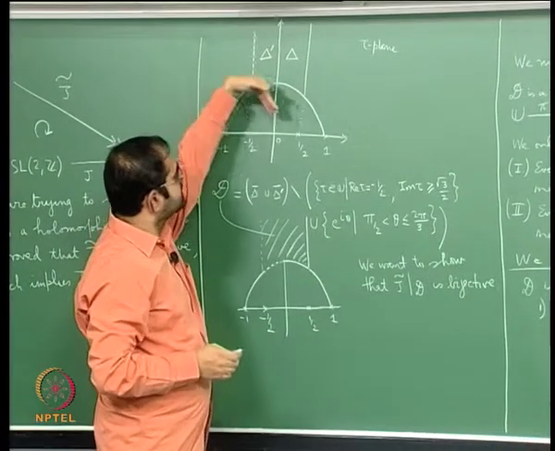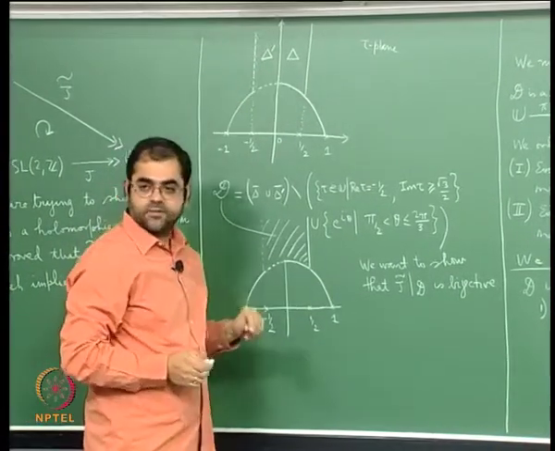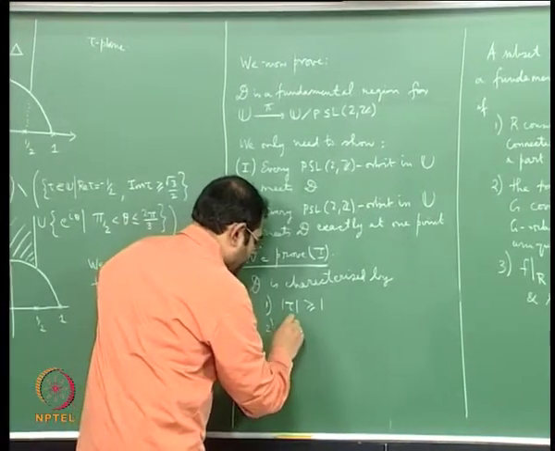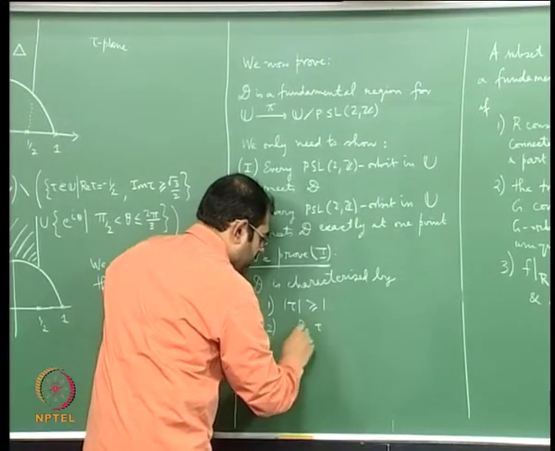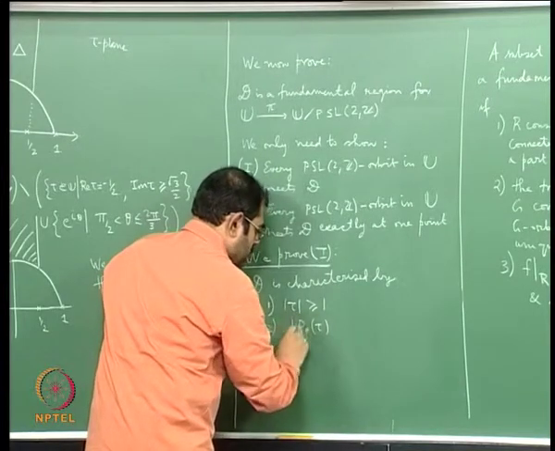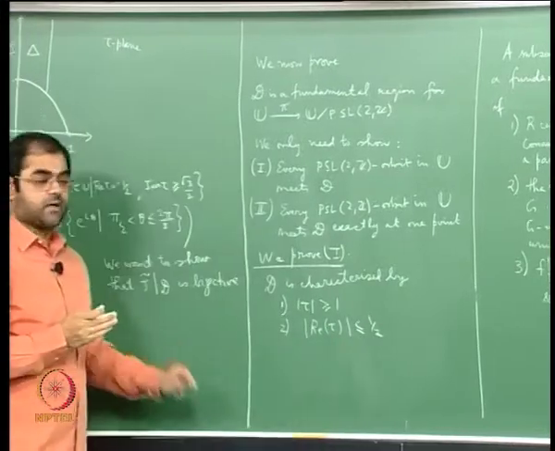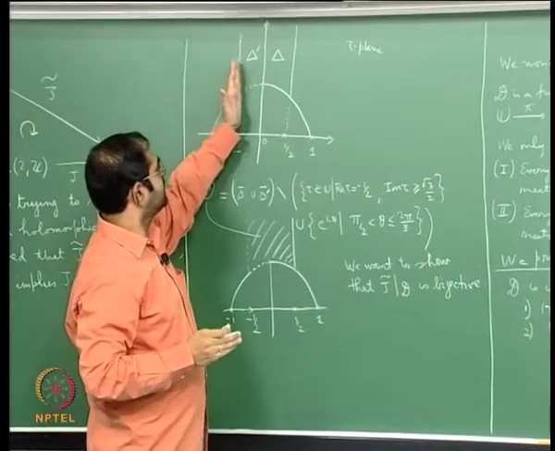So this region is on the exterior of the unit circle. Then the second thing is the real part of tau lies between minus half and plus half, so it's here.